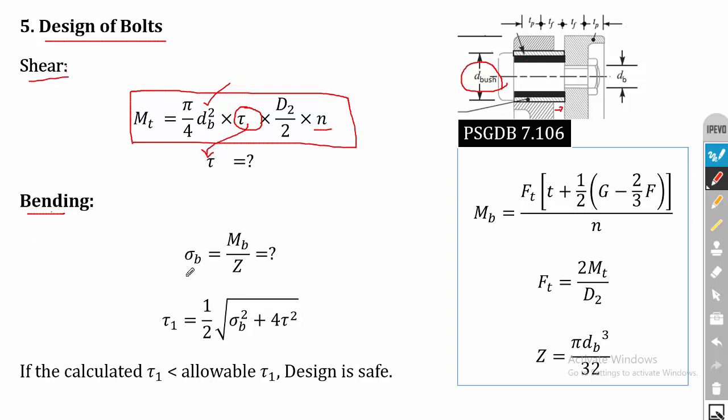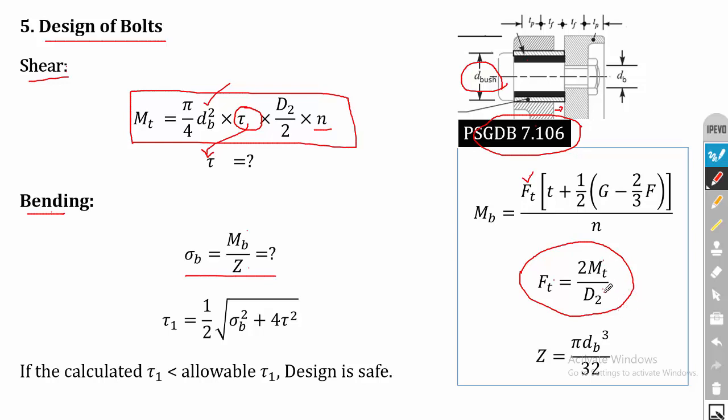Then for bending, the equation is sigma b is equal to Mb divided by Z, and this Mb equation is very important and it is given on page number 7.106. Okay, so this equation is very important, be clear about it. Here Ft means it is the torque, the transverse force, and it is given as Ft is equal to 2Mt divided by D2.